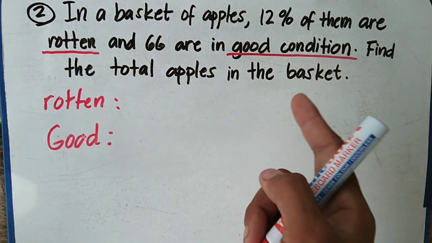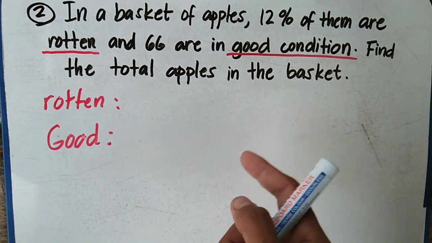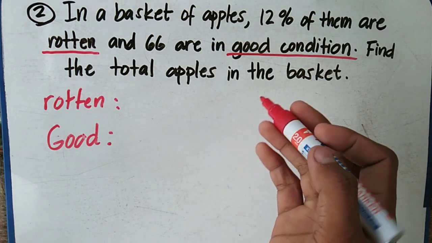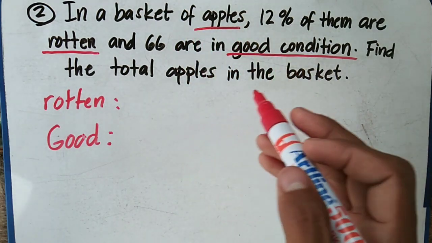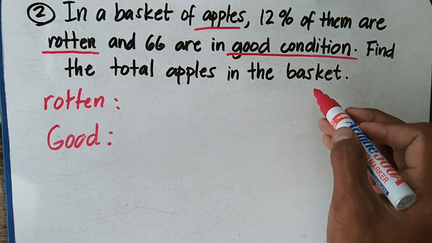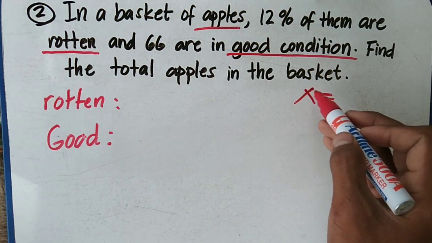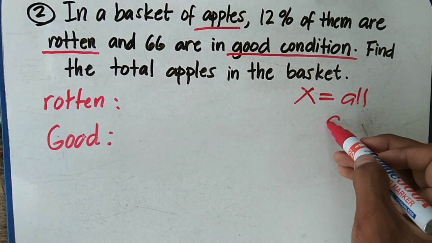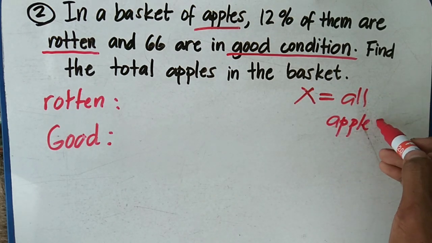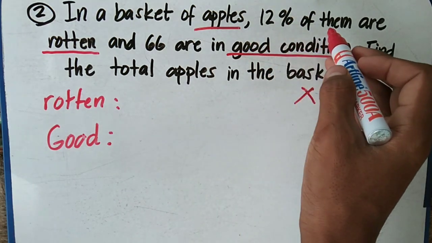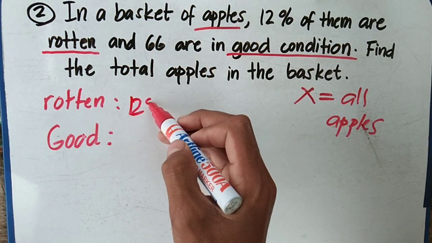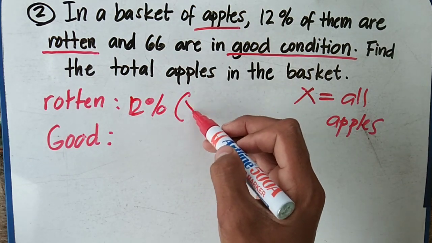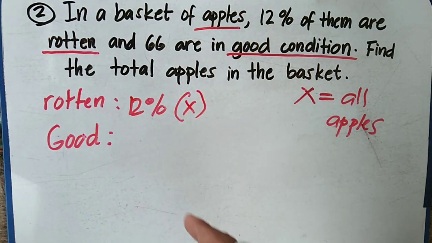And now, isa-isa natin yung sentence. In a basket of apples, 12% of them are rotten. Di natin alam kung ilan yung lahat na apples. Ang gagawin natin is ililet natin na X, all apples. So, we have 12% of them are rotten. 12% of X is rotten daw.